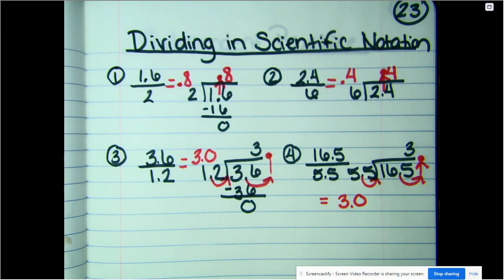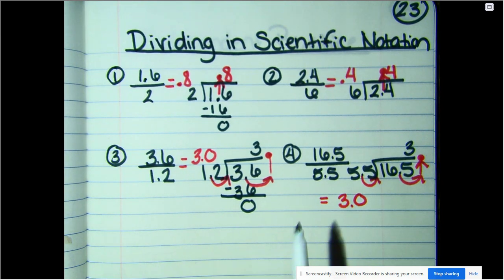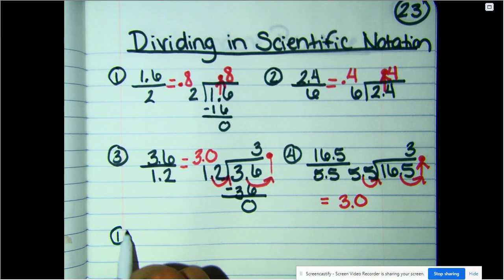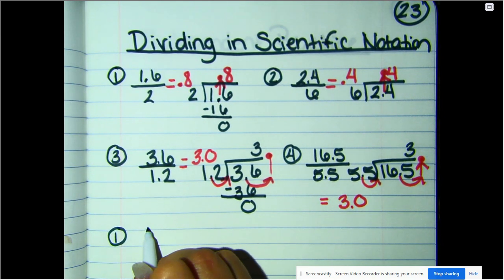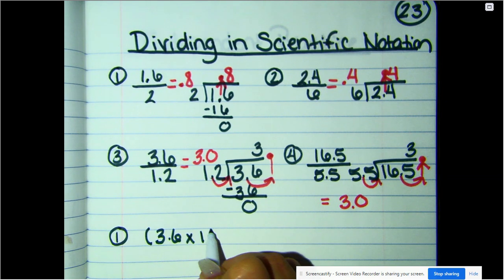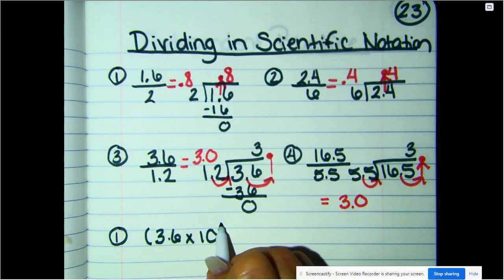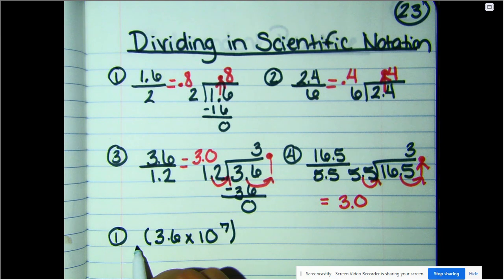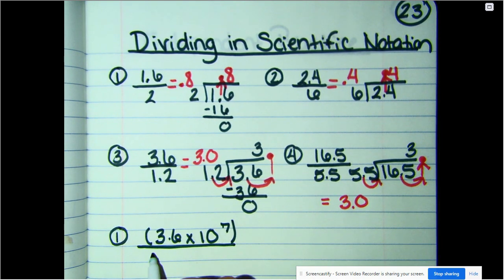We are about to apply all of this now to dividing numbers in scientific notation. So let's take a look at 3.6 times 10 raised to the 7th power, all of that divided by 1.2 times 10 to the 3rd power.